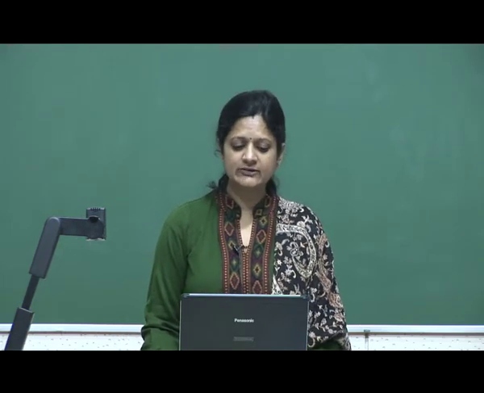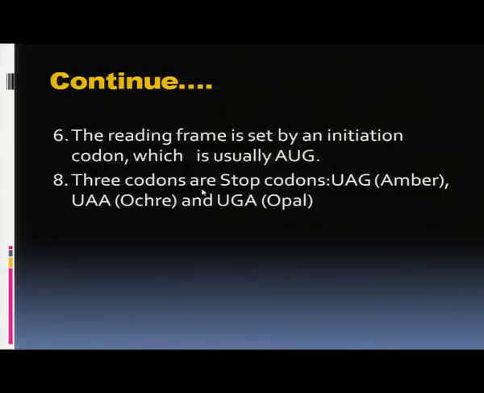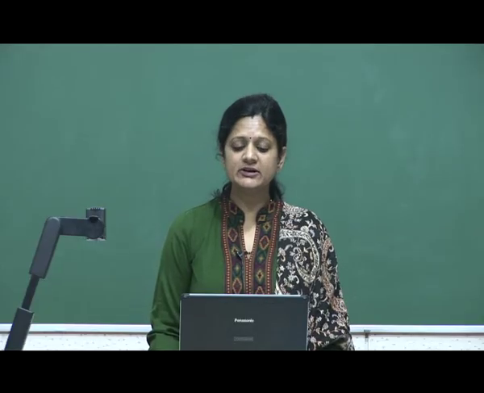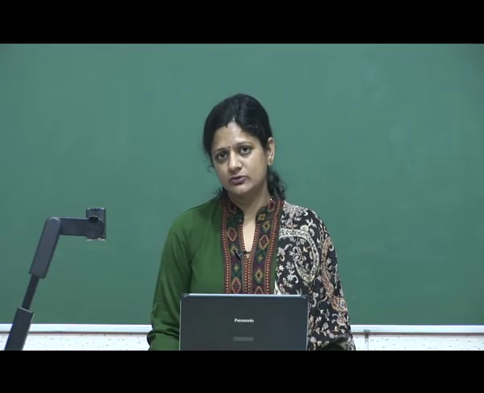The next feature is that 3 codons are considered stop codons: UAG, that is amber, UAA, that is ochre, and UGA, that is opal. So, UAG, UAA and UGA, these 3 codons are considered stop codons.